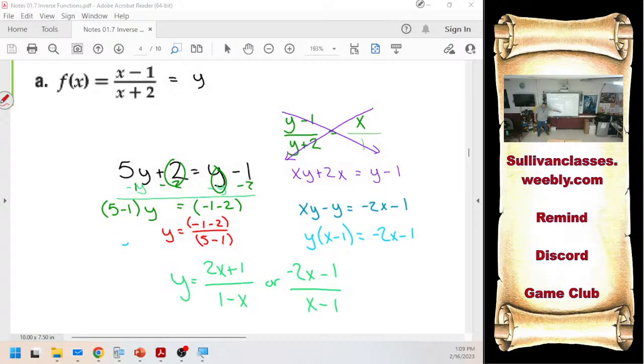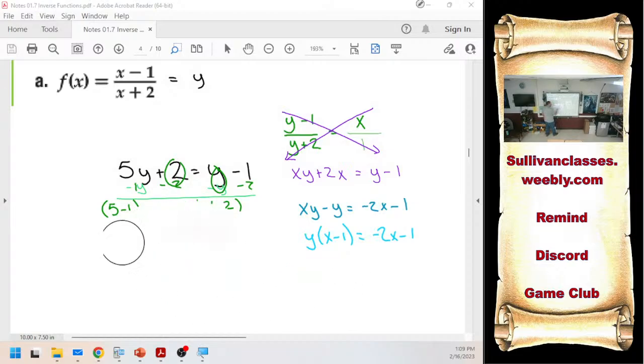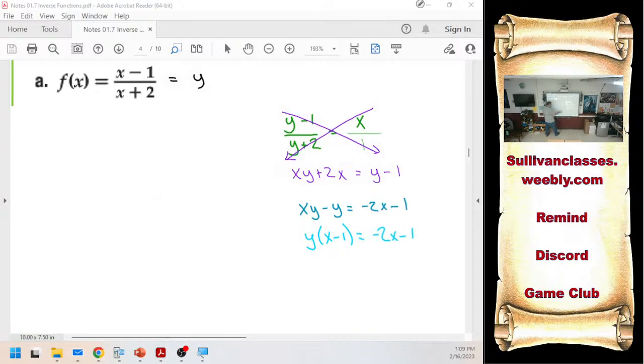Because what if they're not like terms? You have done this process before, it's just you can't combine the like terms now. Okay? But once you see the factoring trick, are you good?